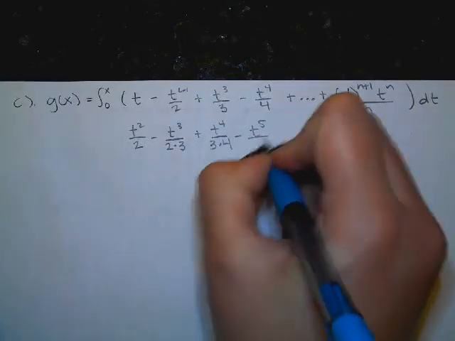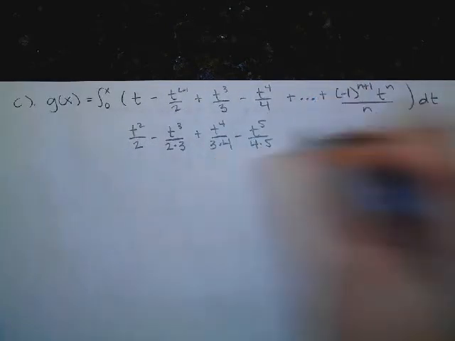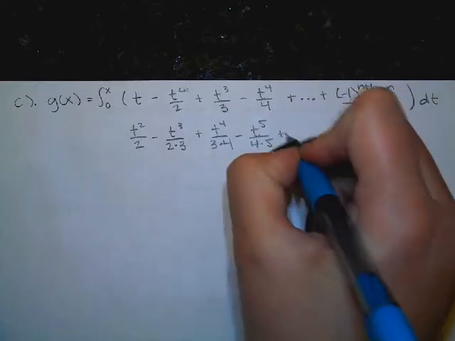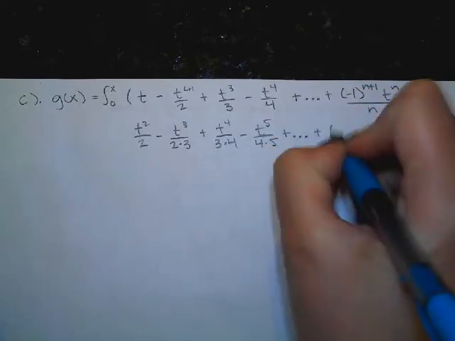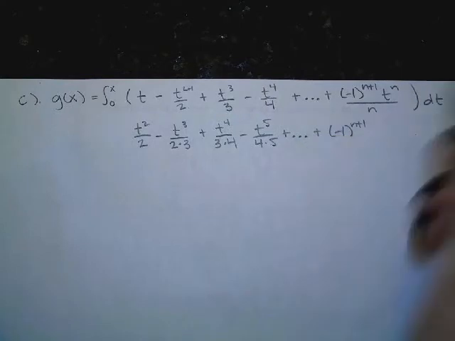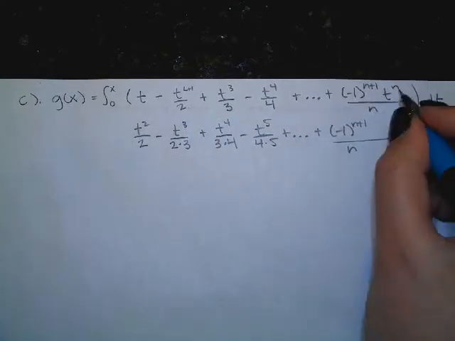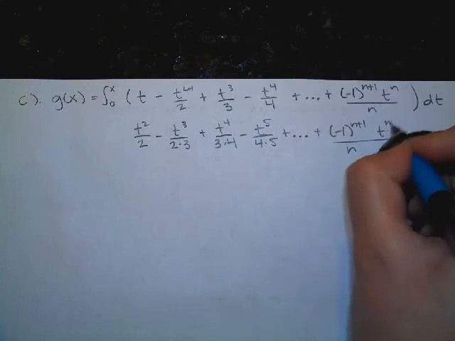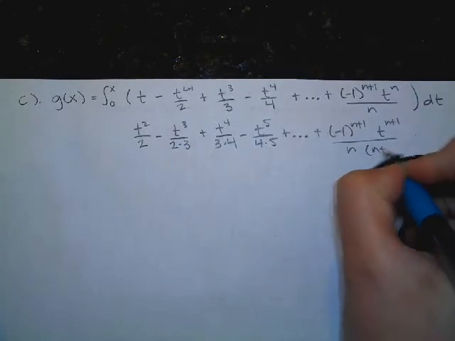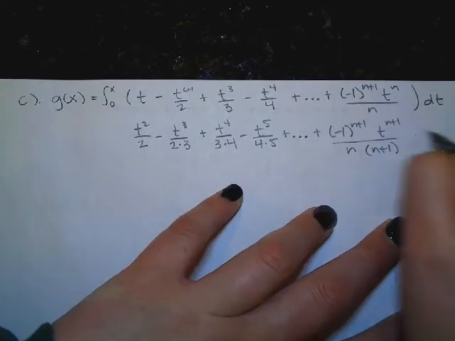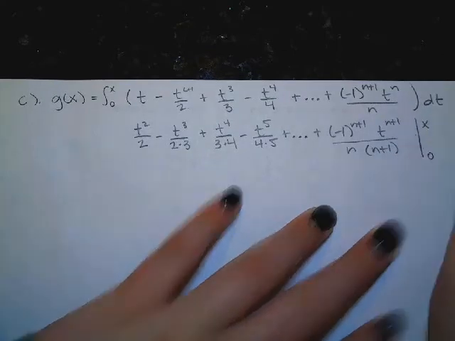T to the fifth, it still has a 4 on the bottom, but now it also has a 5 on the bottom. I'm keeping the coefficients, right? But now I've got t to the n plus 1, and I'm also dividing by n plus 1. And then that needs to be evaluated from 0 to x.